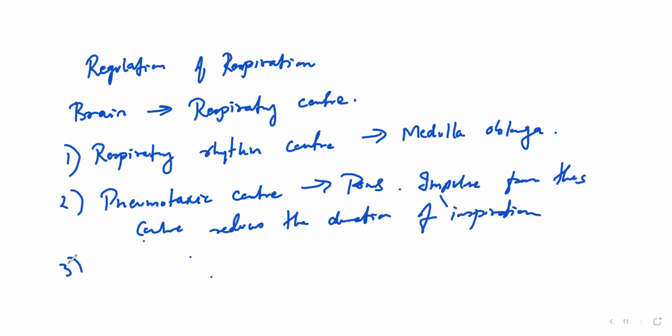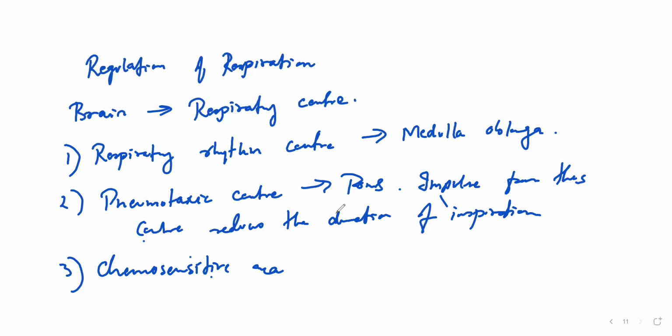Then the third one is called the chemosensitive area. The chemosensitive area means what? This is a highly sensitive center for the rhythm to occur. Here, this is adjacent to the two types of rhythm centers we saw.